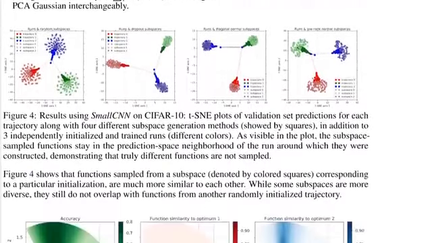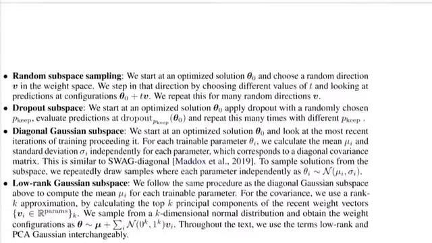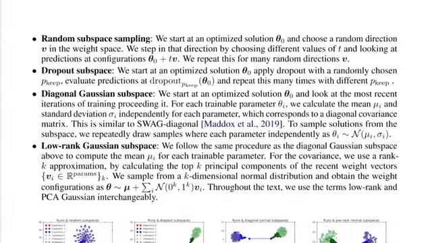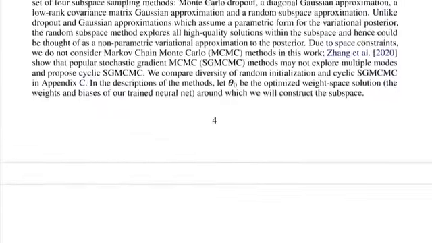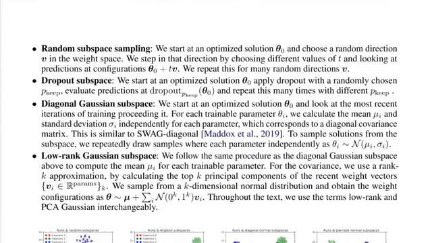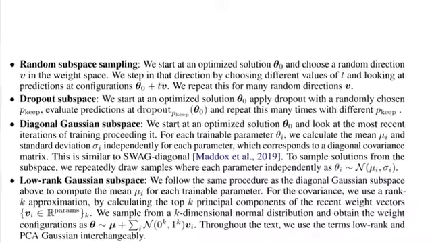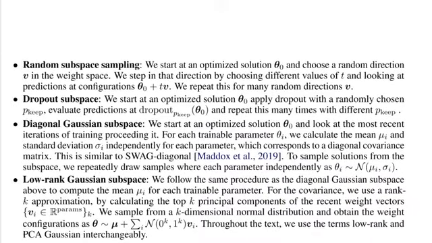So they go further and they compare this to four different methods. Ensembles are one method of getting different solutions, which means we start from random initializations. But there are other ones. For example, there is random subspace sampling.